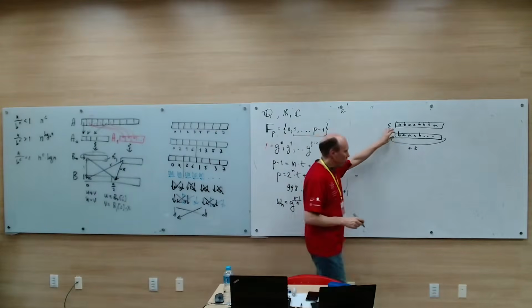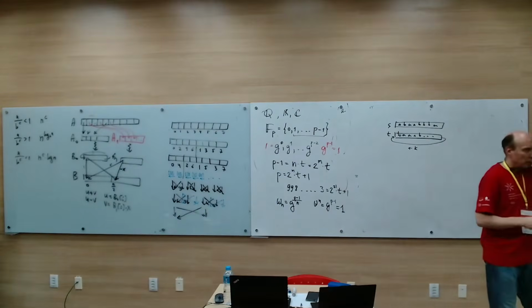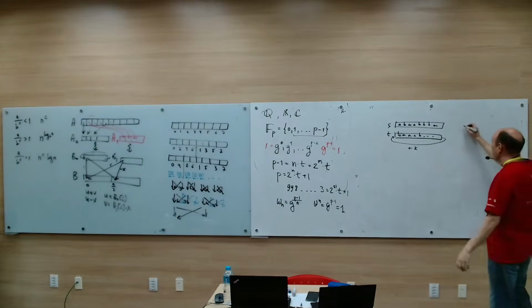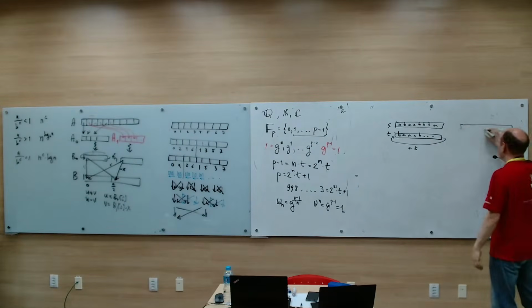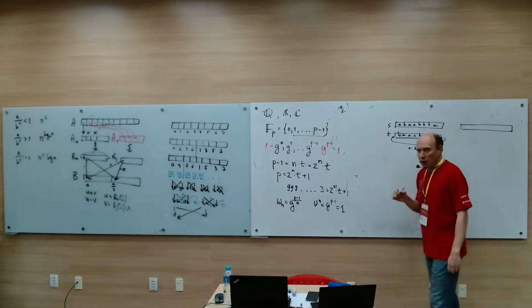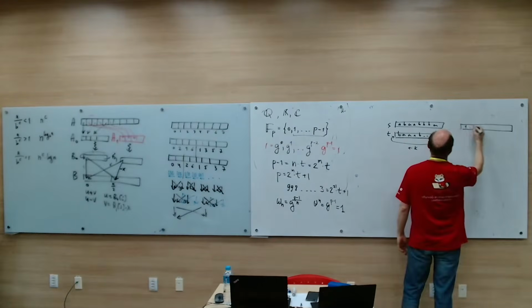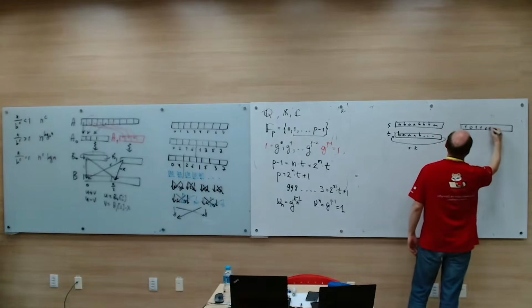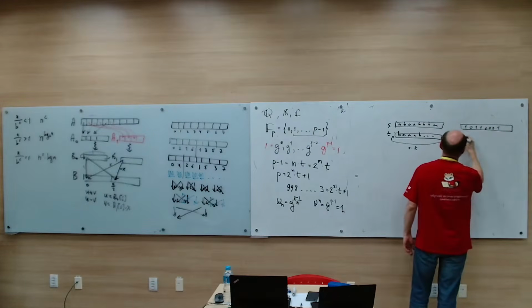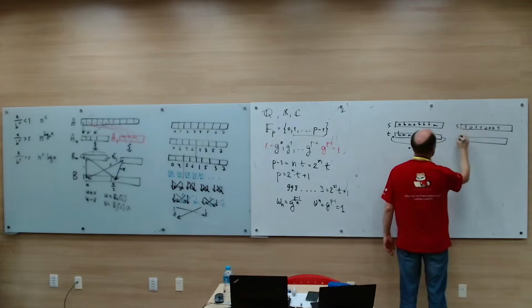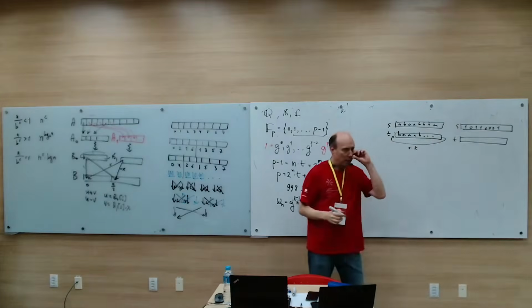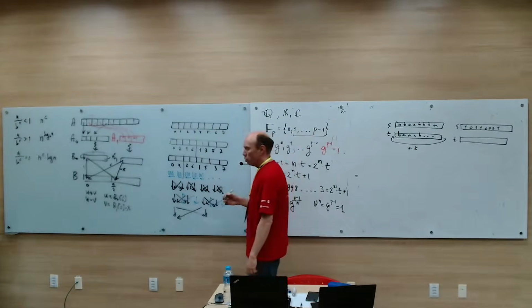Okay, let's iterate over letters. For example, take the letter A. Let's make the array with ones where the letter A is written, and zeros where the letter B is written. So what do we want to have?